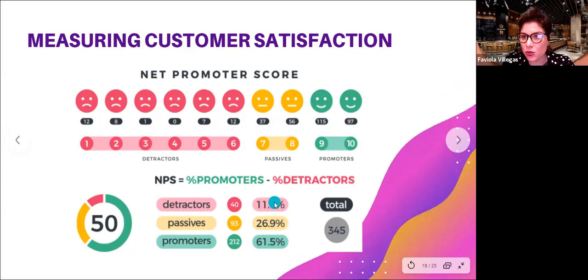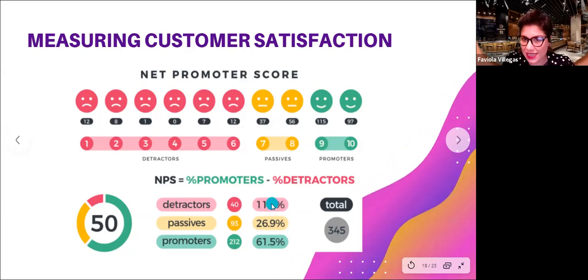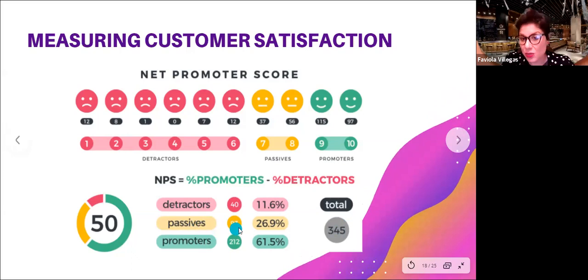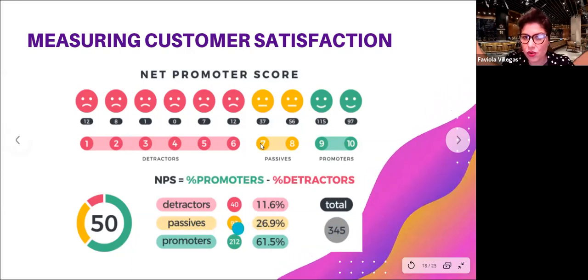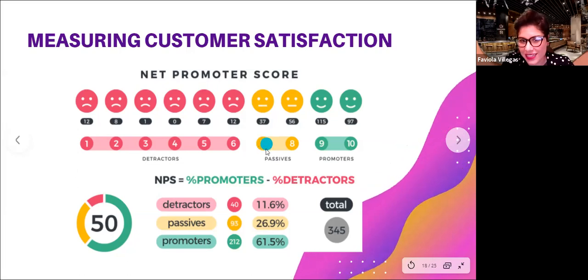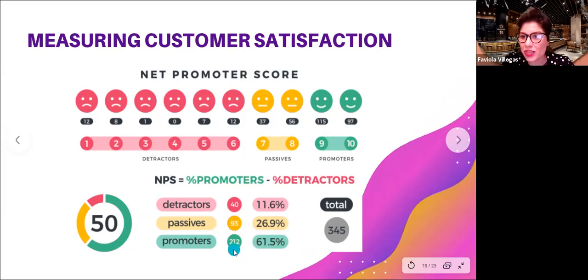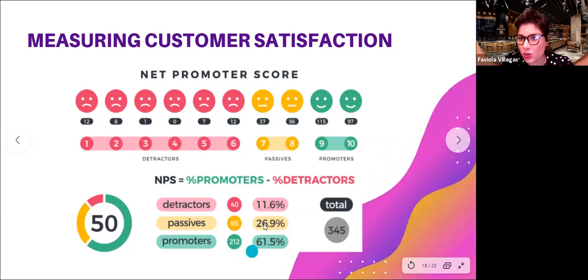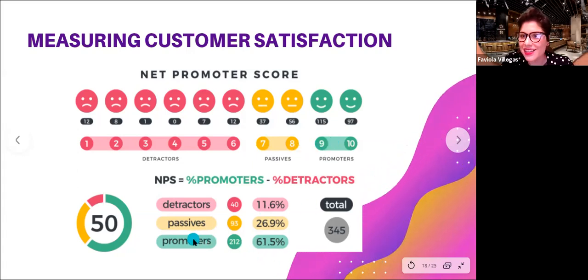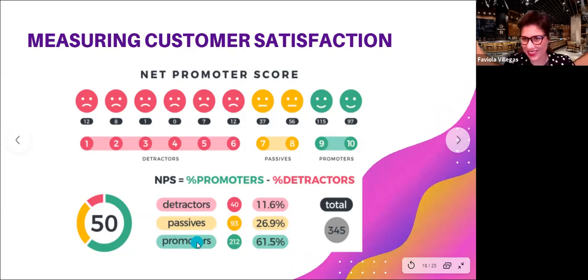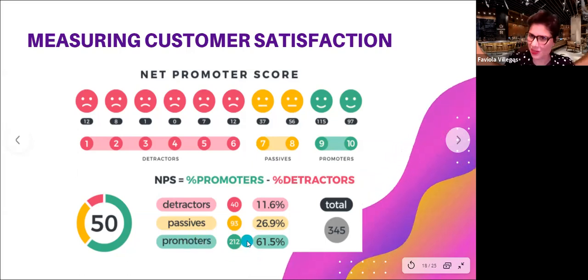They qualified you from 0 to 6. 93 are passives or neutrals. They qualified you from 7 to 8. And 212 qualified you with a 9 or a 10. So there are some promoters there. Good for you, 212.